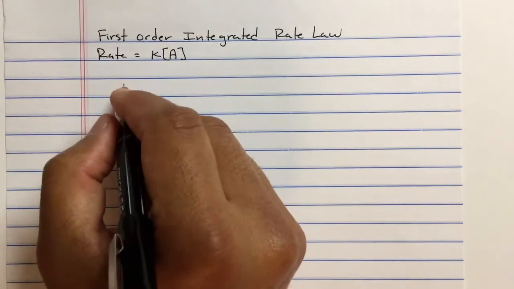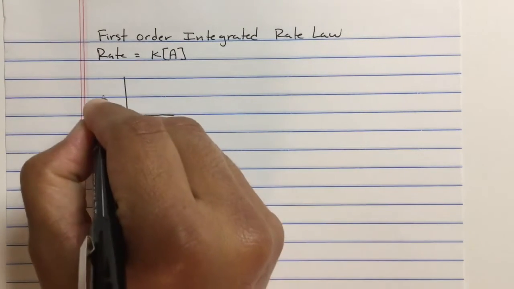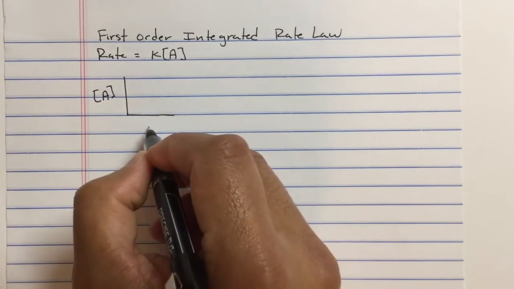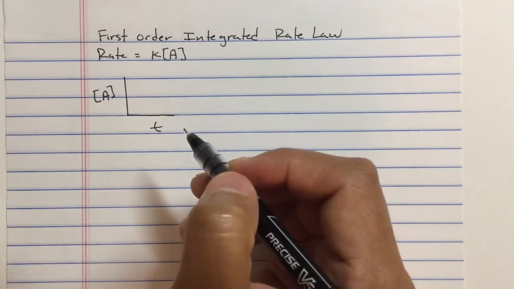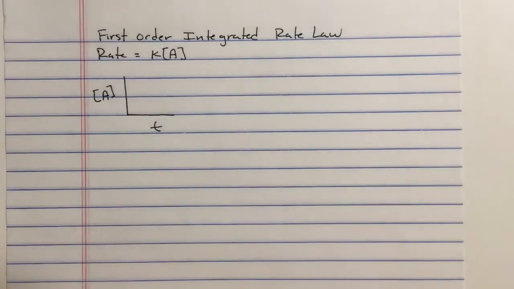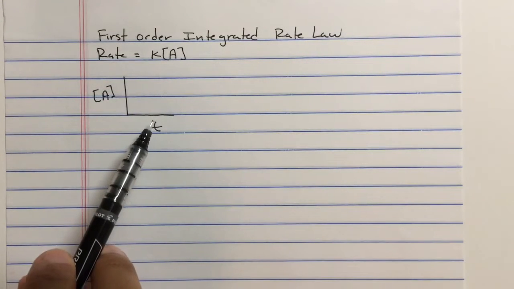Now, when we look at reactions, if we have some reactant A versus time, if you saw the zero order integrated rate law video, you saw that this was a straight line going down.